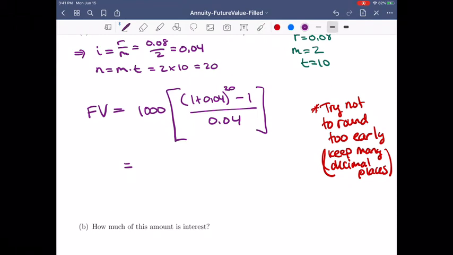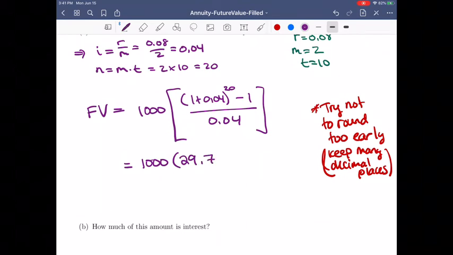If you do round and you want to write down what this is, okay, just make sure that you keep a bunch of decimal places. So for instance, 3 decimal places will not be enough. Okay, so I actually need more. I think it's like that. So then when I multiply by 1,000, I'm going to have $29,778.08.